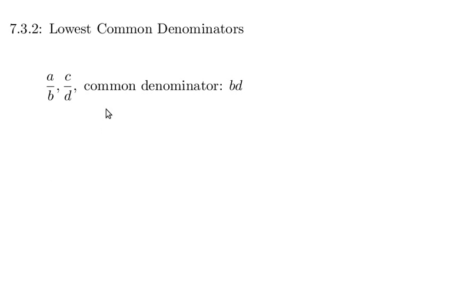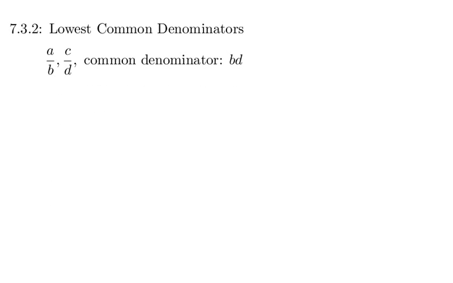So if you have a over b and c over d, then you have a common denominator in b times d. So that means you can rewrite a over b as AD over BD.